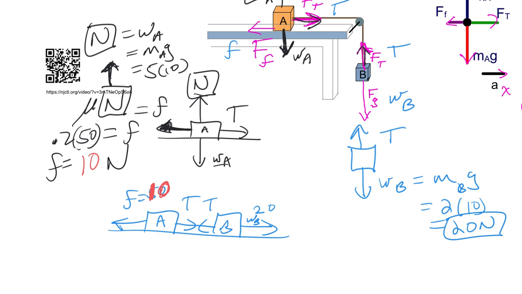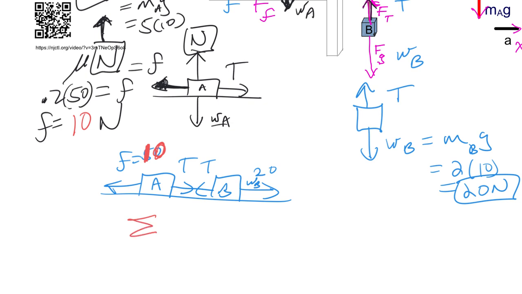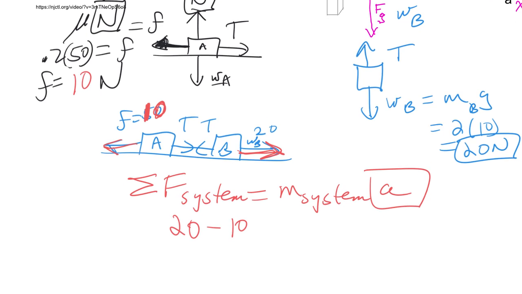Okay, so find the acceleration of the system. So net force of the system, or the acceleration of each block, same thing, smush them together. We're looking for the acceleration of the system. So net force on a system is the bigger one minus the smaller one. So it's 20 minus 10 newtons, which is 10 newtons.